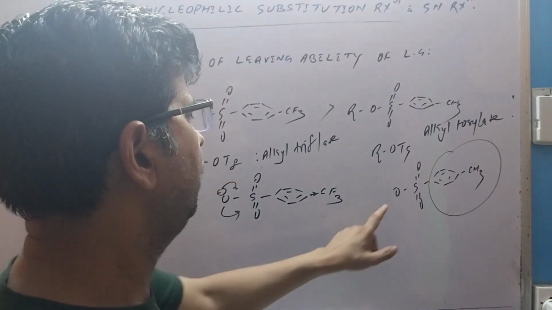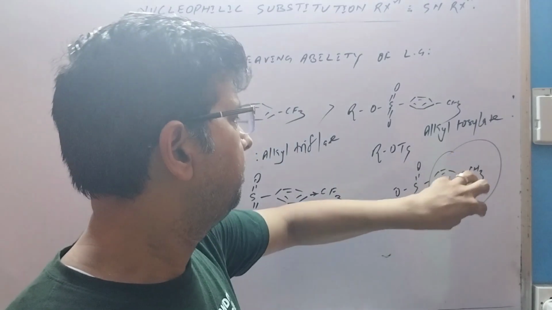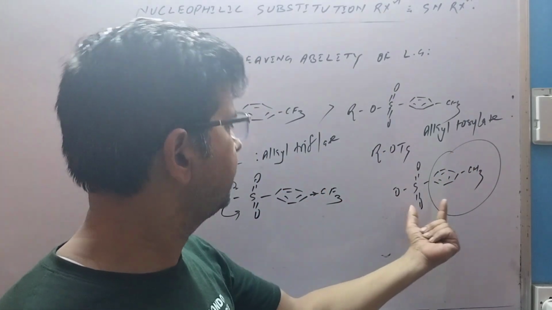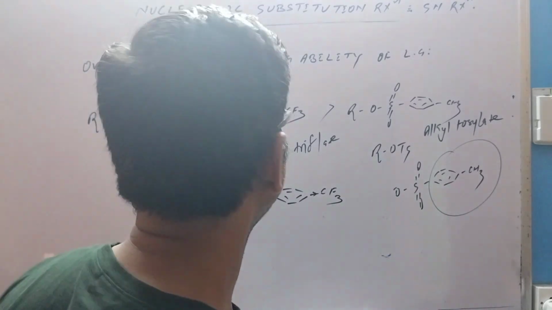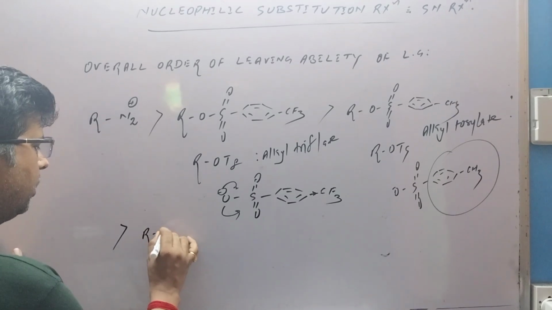Although, due to O minus cross conjugation and the presence of the ring, this is considered a stable anion, so leaving ability is reasonably good.